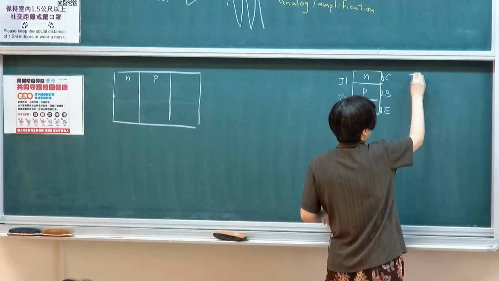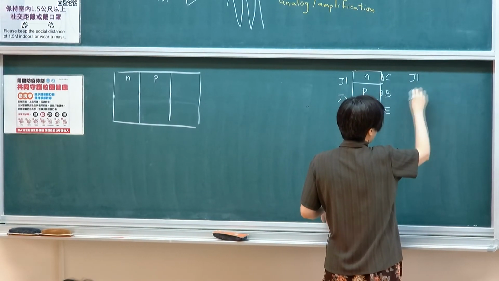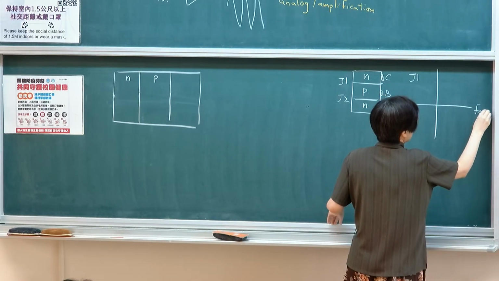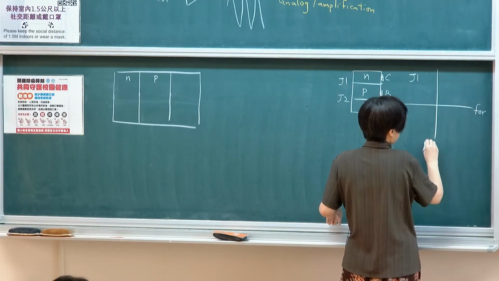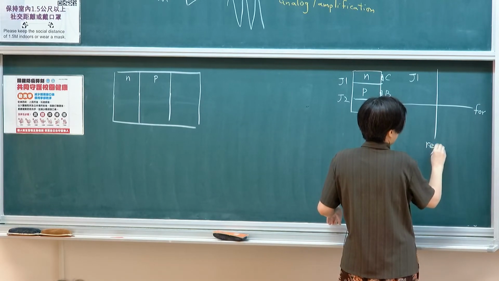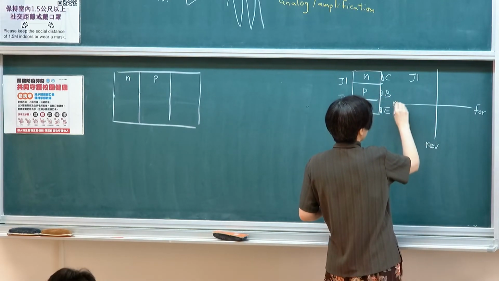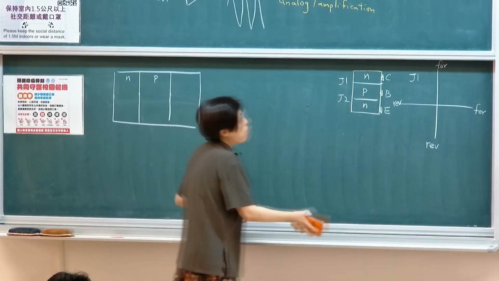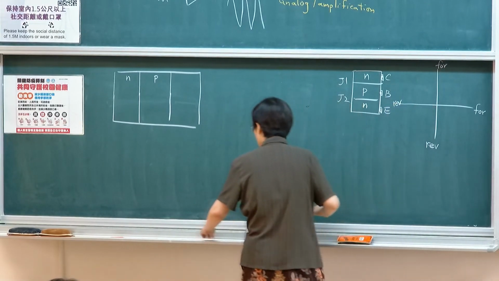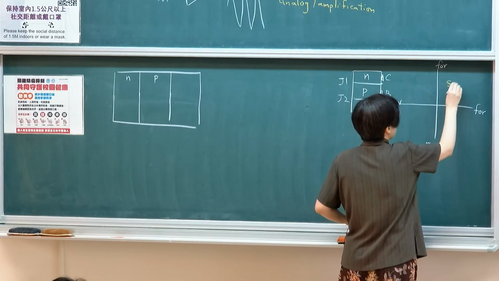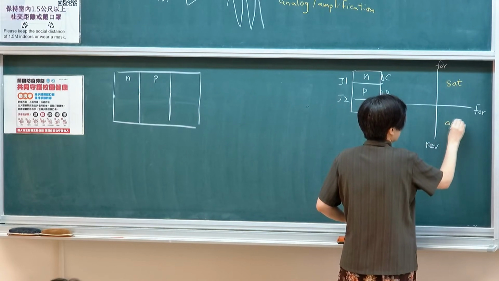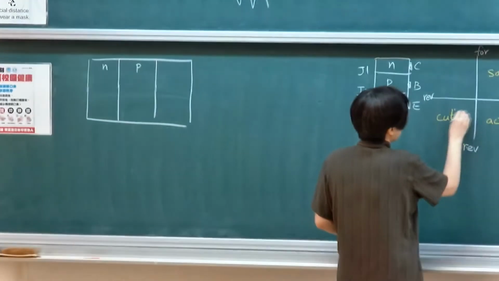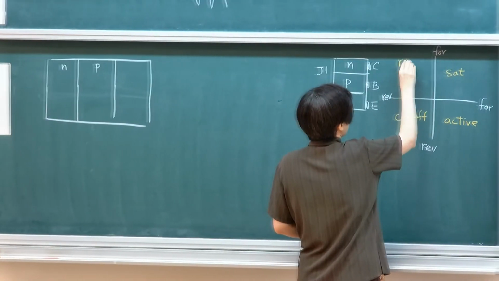We already outlined that if junction 1 is forward, junction 2 is reverse, and so on. If both of them are forward, it's not actually the mode we want to talk about. This is saturation. This is active. This is off, both cut off. And this is reverse active.